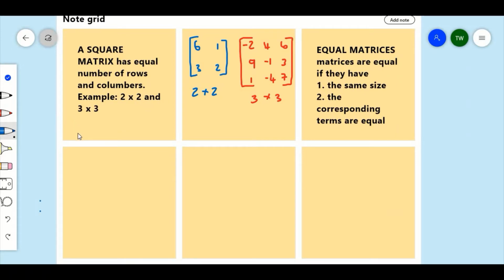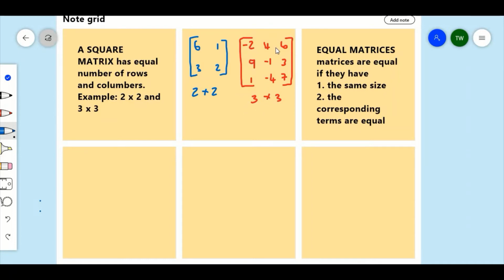Square matrix. What is a square matrix? A square matrix has an equal number of rows and columns. Example, a 2 by 2 matrix and a 3 by 3 matrix. So here I have an example of a 2 by 2 matrix. It has 2 rows and 2 columns. And here is an example of a 3 by 3 matrix.